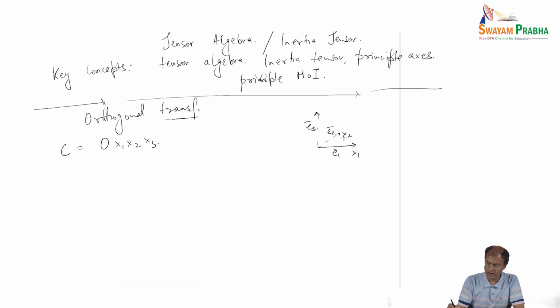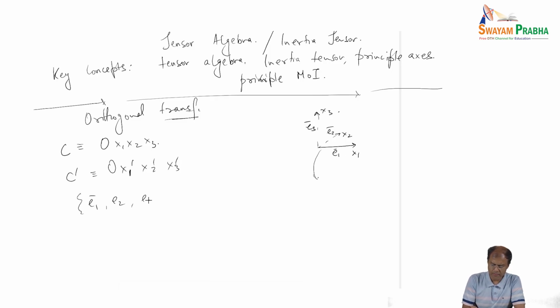Then we look at another frame C prime given by O x1 prime, x2 prime, x3 prime. Again, we can draw a similar diagram as this, with the axes being represented by the primes. And then these E1, E2, E3 are the unit vectors.